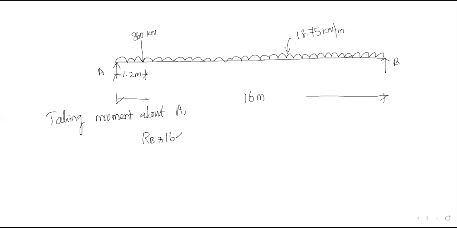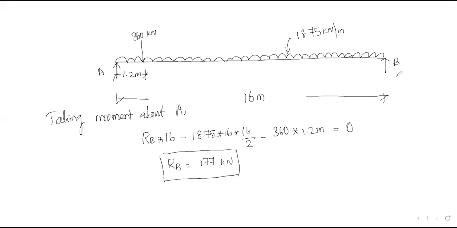So RB into 16 minus 18.75 into 16 divided by 2 minus 360 into 1.2 meters is equal to 0. So RB value becomes 177 kilonewton.